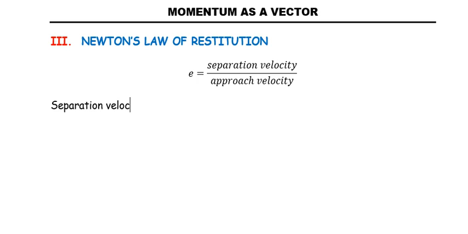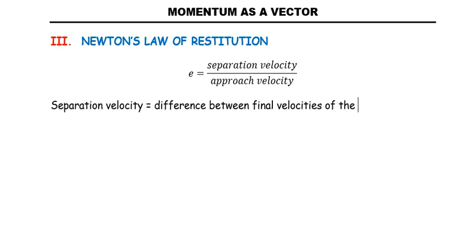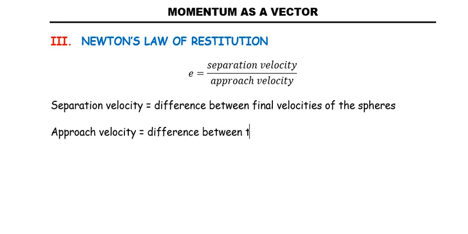Separation velocity is equal to difference between final velocities of the spheres or the bodies, while the approach velocity is equal to the difference between the initial velocities of the spheres.